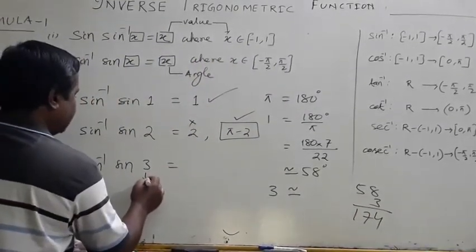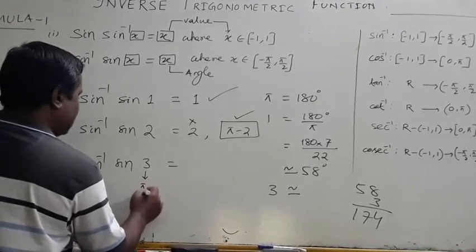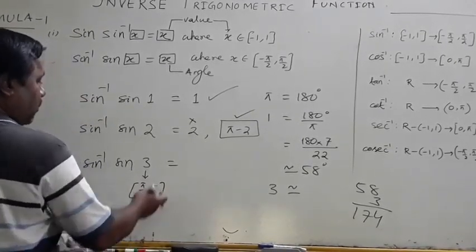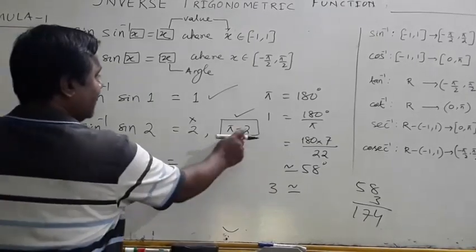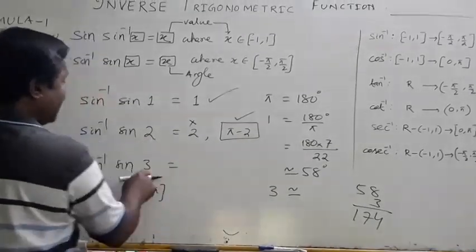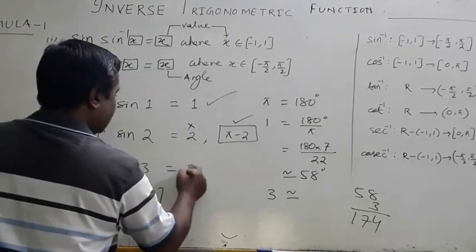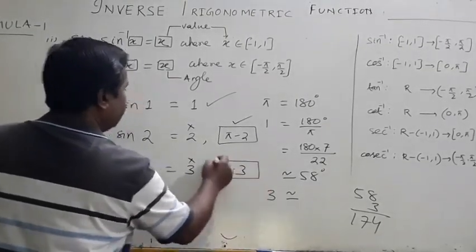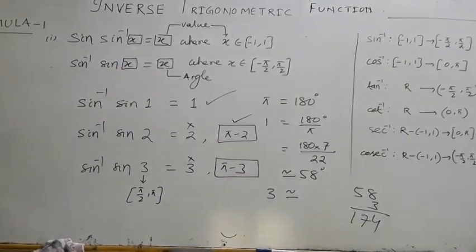Again it lies between pi by 2 to pi, so the answer is pi minus that thing. The answer is not 3, the answer is pi minus 3. This is very important. You have to observe.